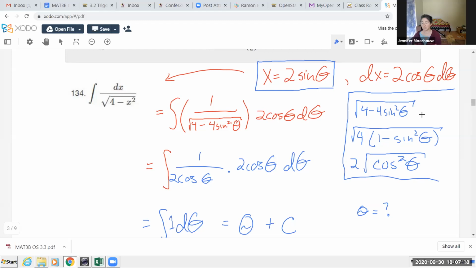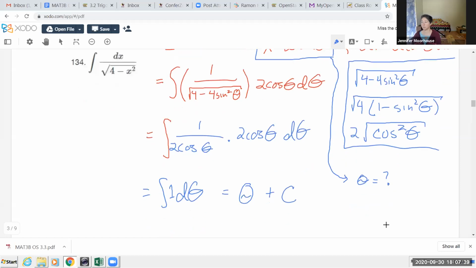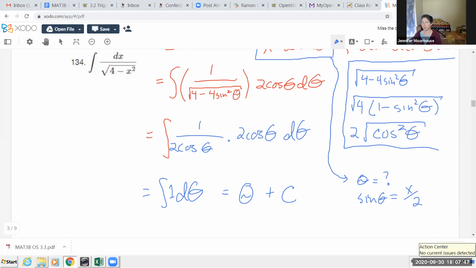So basically you want to take that and reverse it, right? So solve this for theta. That'd be just x over 2. Sine of theta would be x over 2, yeah. So what does that make theta?